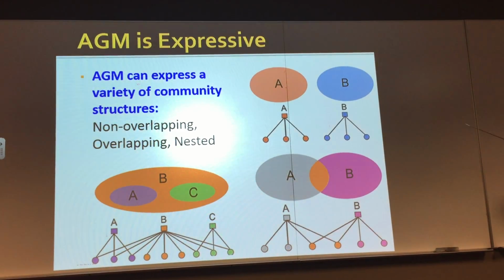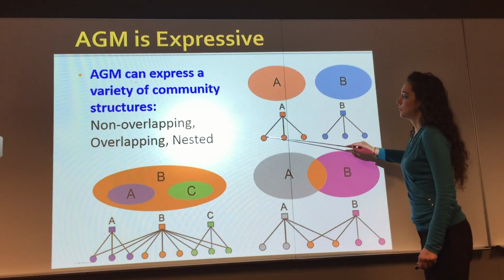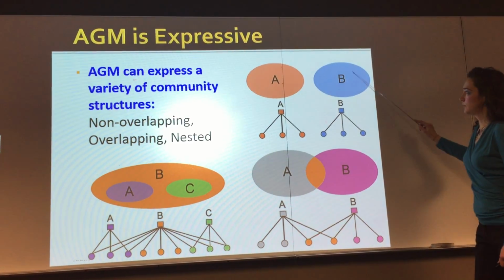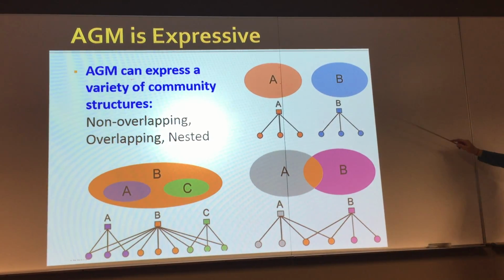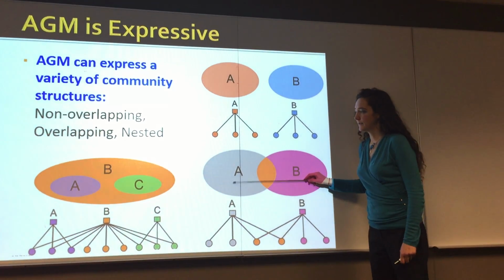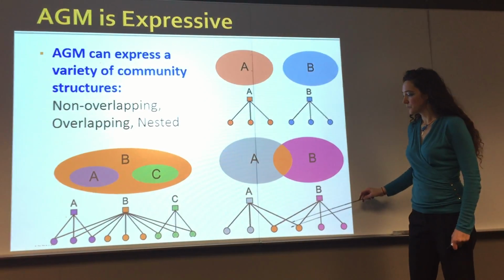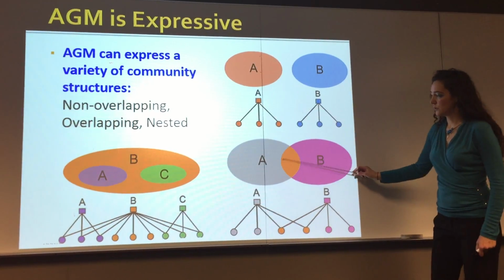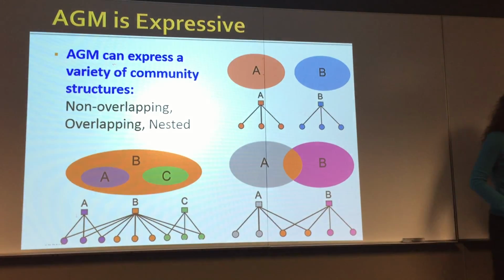So we have community A and all the nodes that belong to that community, community B and the nodes that belong to that community, and there's no overlap. It is possible that they can overlap. So the orange nodes belong to both of these.